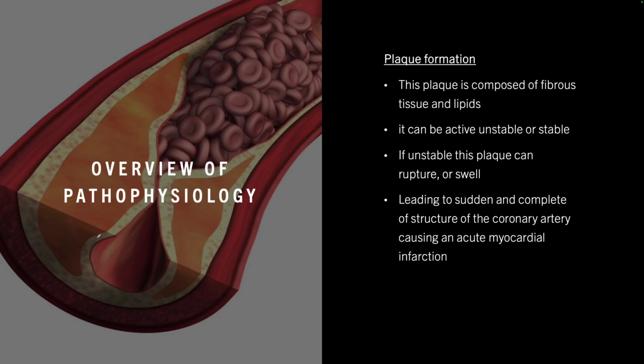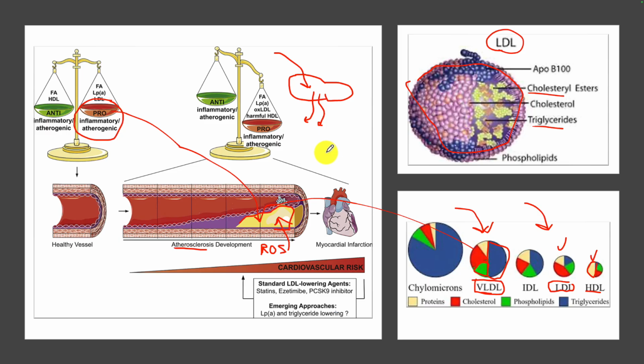The first one here is when we talk about this plaque formation. This is going to be this fibrous tissue that builds up with lipids. So when we get this blockage here, the blockage comes from the oxidized lipoproteins, right? That's these guys here, and the vessel trying to repair itself.